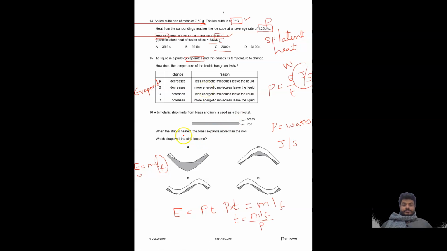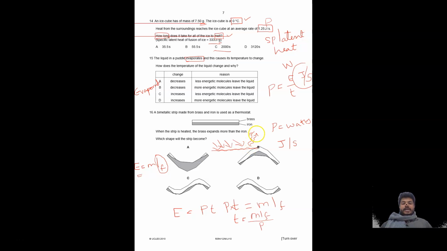Now for example, here is a puddle and heat energy falls on it. On the surface the temperature is higher, so the molecules gain heat energy, vibrate and move faster. As they move faster, they do work against the force of attraction between the molecules, break the bond, escape from the surface, and evaporate.